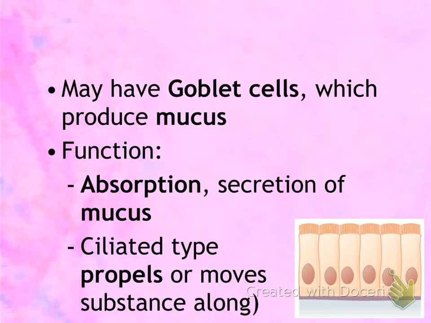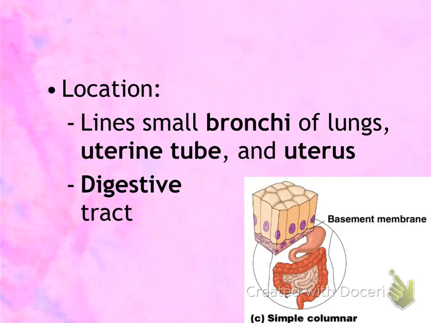Also secretion of mucus, and if they have cilia, the cilia aid in moving something along, usually when the epithelium is lining a tube. Simple columnar epithelium can be found lining small tubes in the lungs, or in the female reproductive organs such as the uterine tube and the uterus, and the most common place you will find them is the digestive tract.